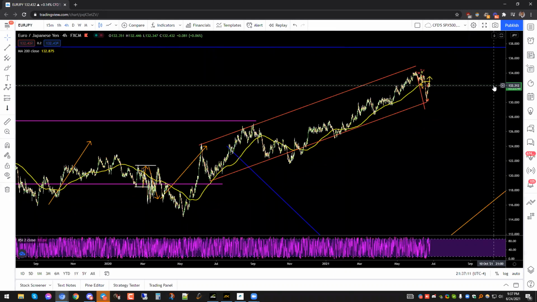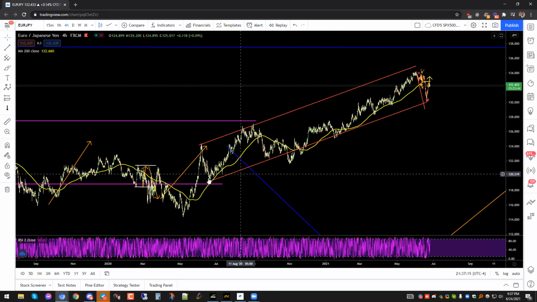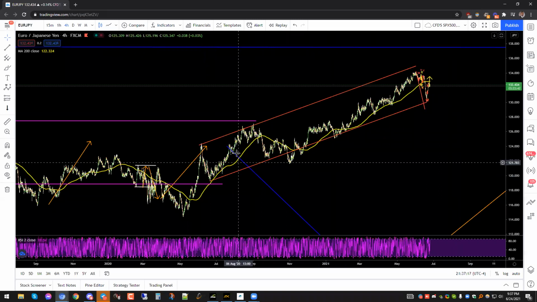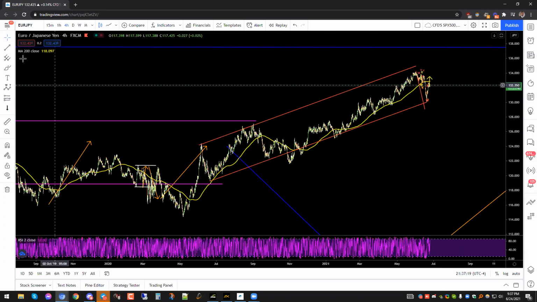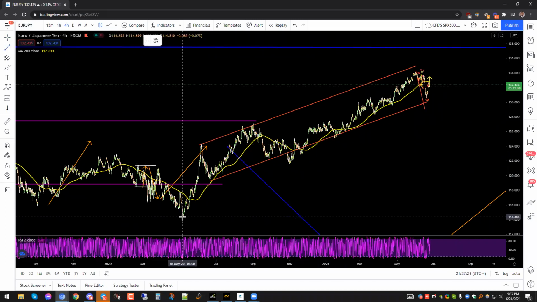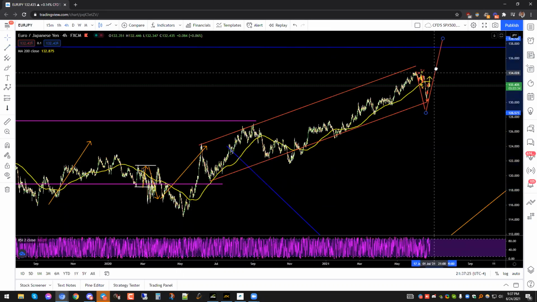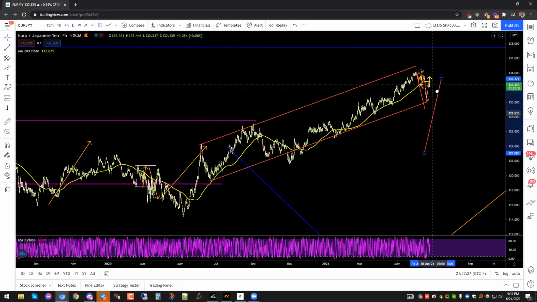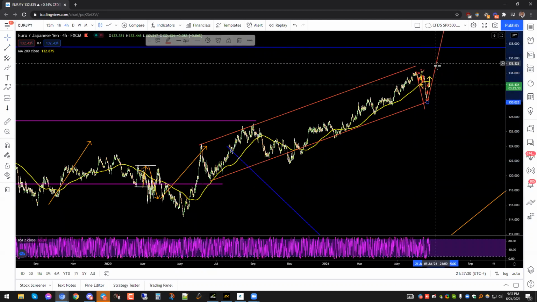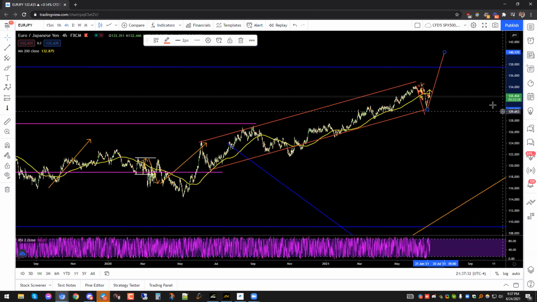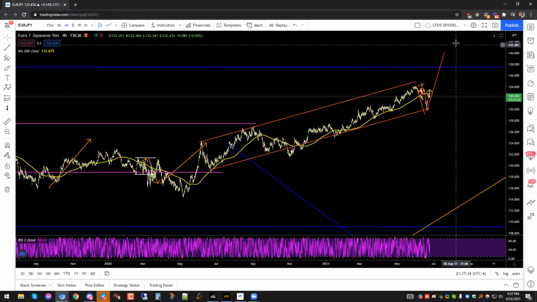It's not an easy pattern to identify. So this one is moving to the upside. We will still expect price to continue moving up, and we'll expect this move to the upside.